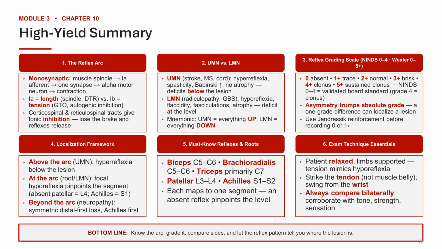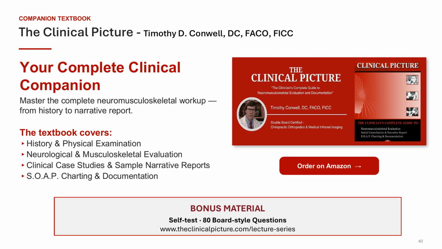Strike the tendon, swing from the wrist. Always compare bilaterally and corroborate with tone, strength, and sensation before you localize. The bottom line, know the arc, grade it accurately, compare both sides, and let the pattern tell you where the lesion is.